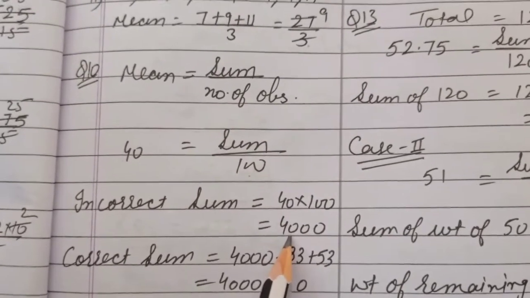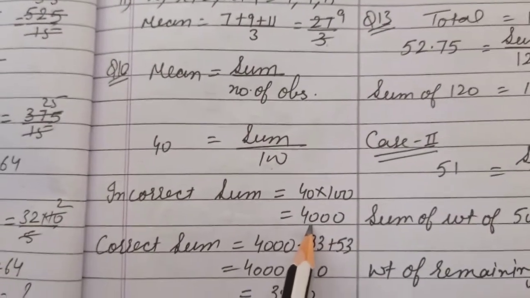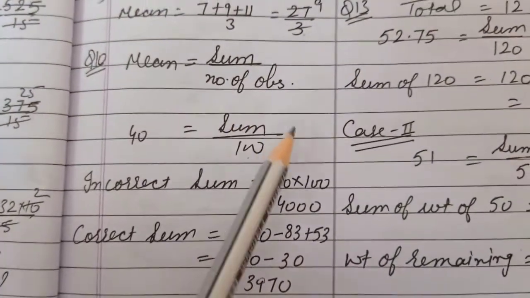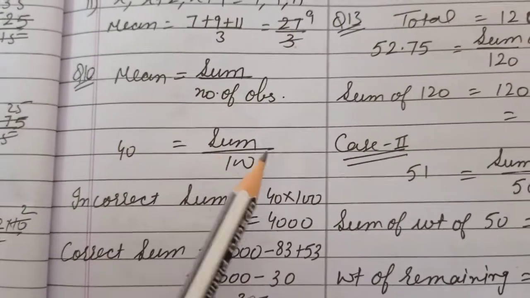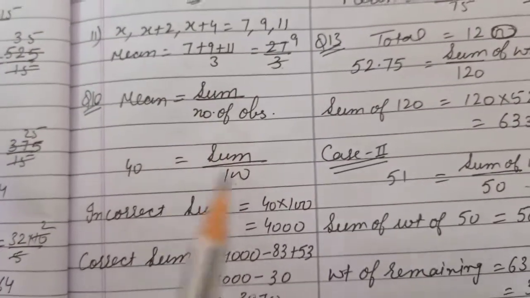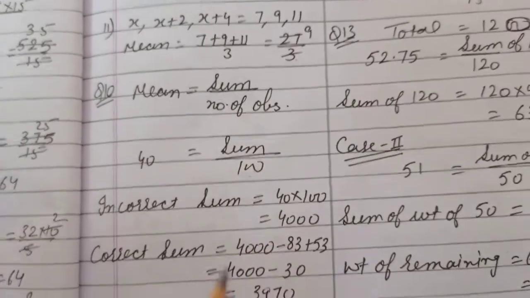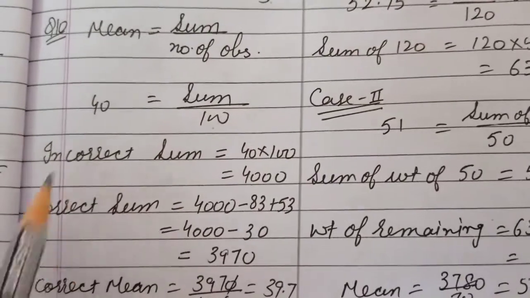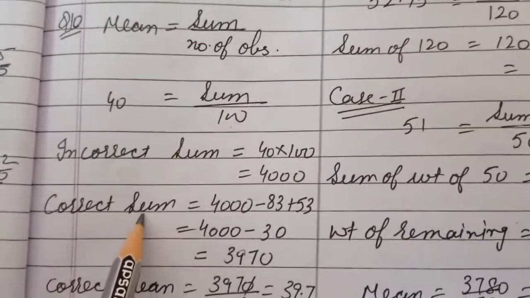It is found that the observation 53 was misread as 83. Among these 100 observations, there was an observation 53 which by mistake was taken as 83. Now we have to find the correct mean. That means this is the incorrect mean. First of all we'll find the correct sum.